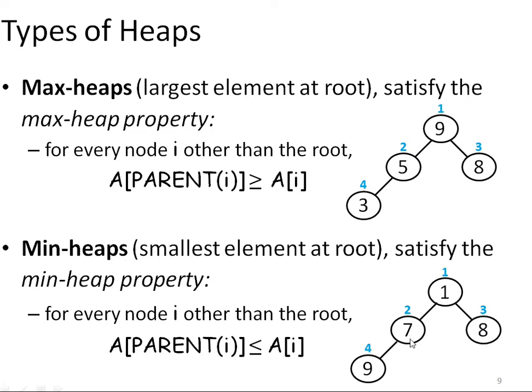When we talk about 7, its child is 9, and 7 is less than 9. So the property is satisfied, and again 9 is a leaf node. So this particular heap is satisfying the property of a min heap. Depending upon the relationship between a parent node and its two children, we can have either a max heap or a min heap.